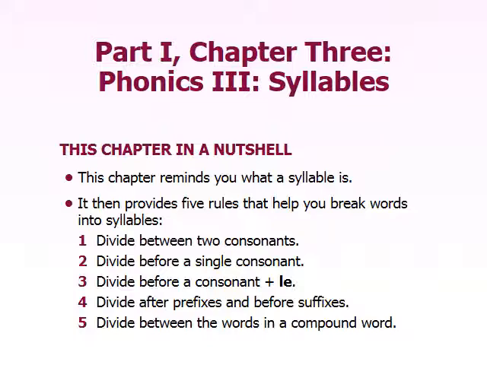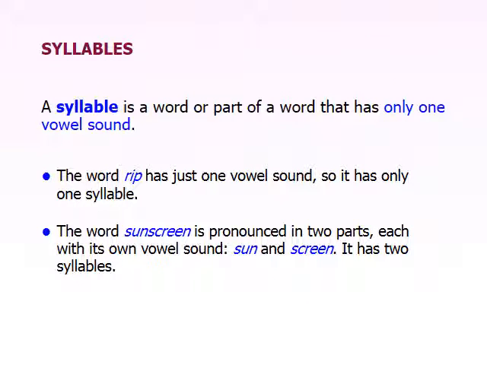So really what you want to focus on is making sure that you learn these 5 rules, because I promise you that if you learn these 5 rules and apply them, you're going to be dividing these syllables up correctly. So let's start off with what a syllable is.